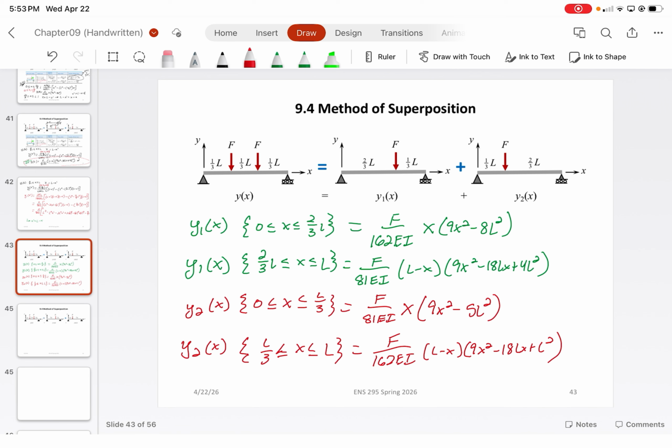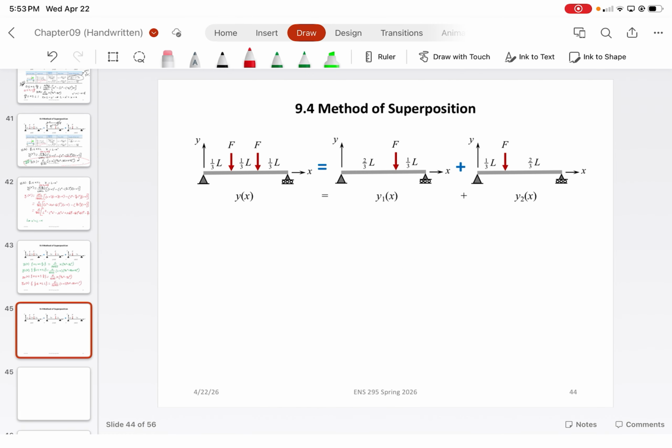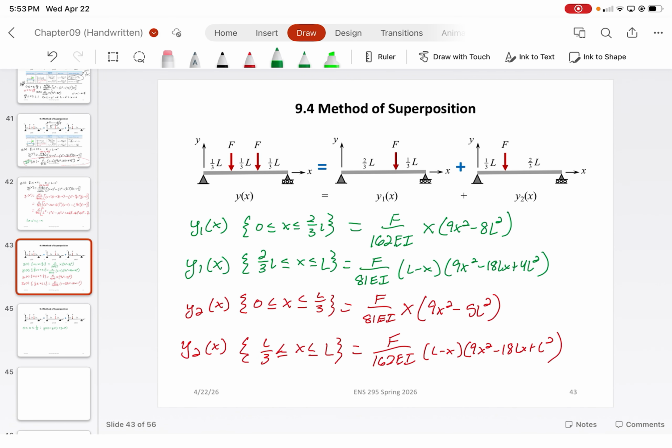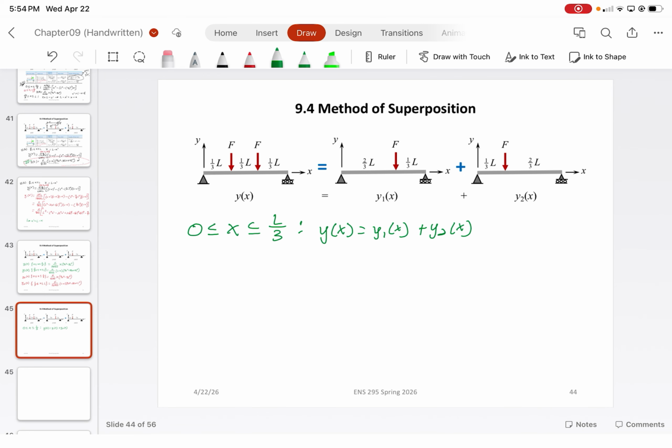So in summary, the deflection for 0 less than or equal to x less than or equal to L over 3 would just be y of x is equal to y1 of x plus y2 of x for those equations whose bounds are between 0 and L over 3.